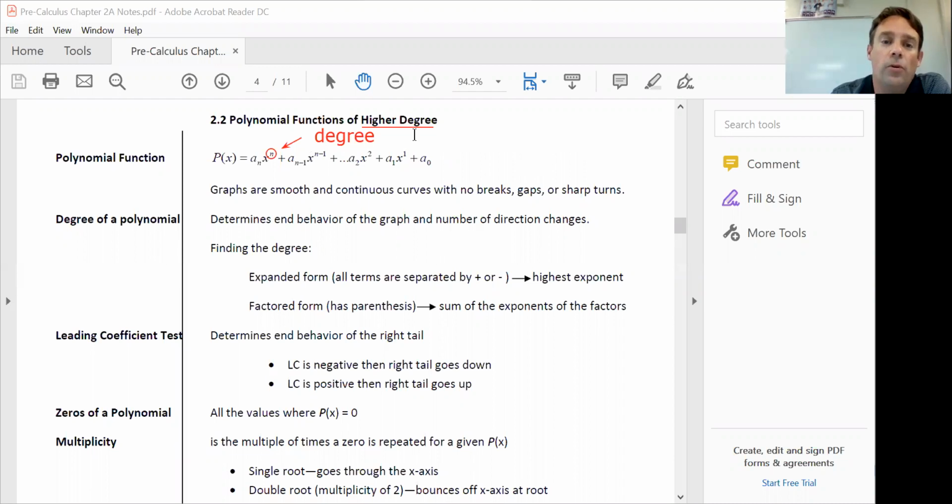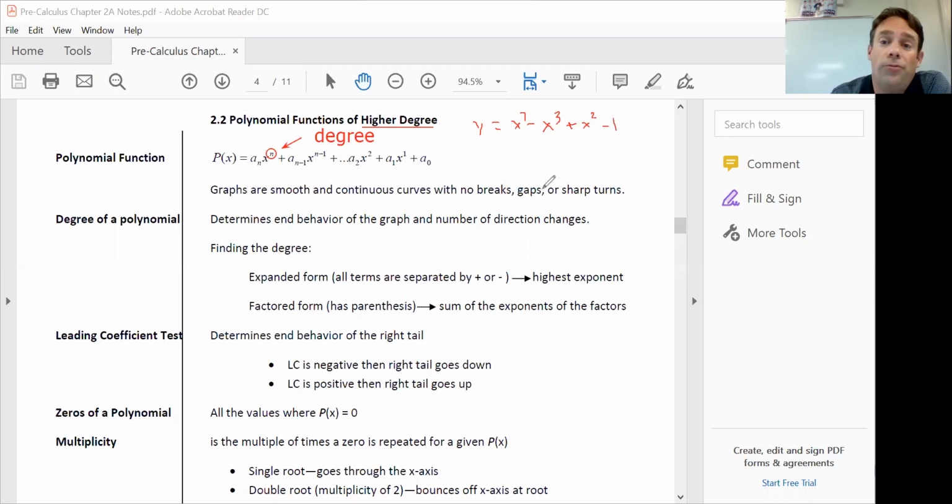So say I give you some sort of function like this, y equals x to the 7th minus x cubed plus x squared. And let's make that minus 1.